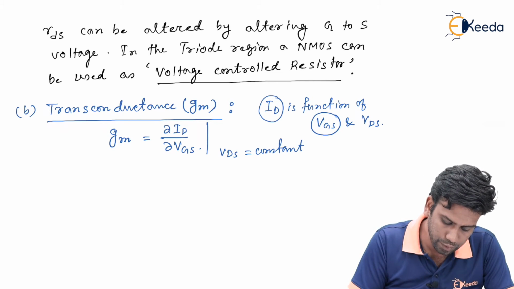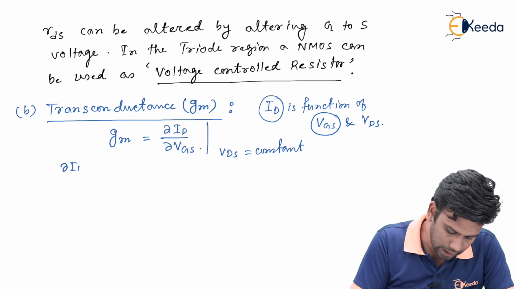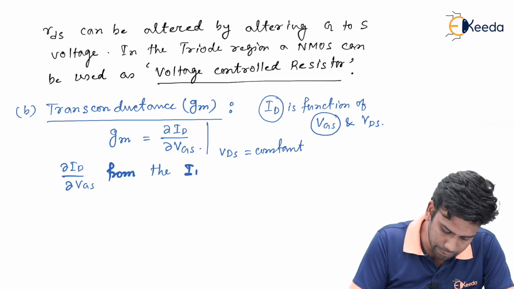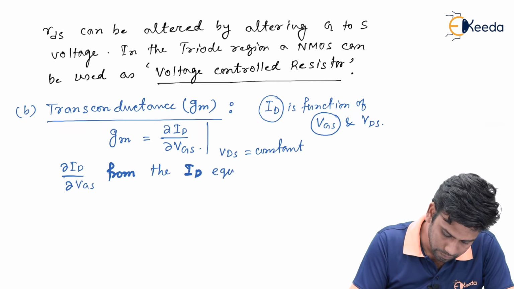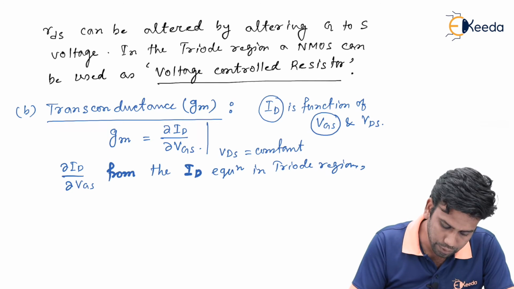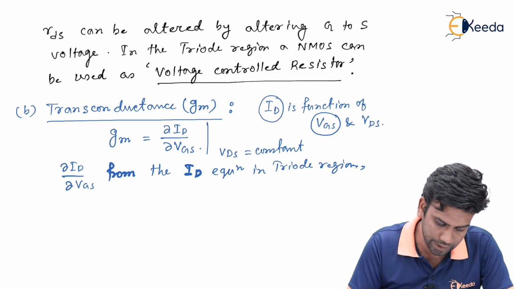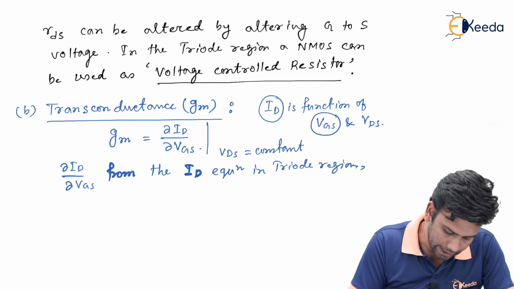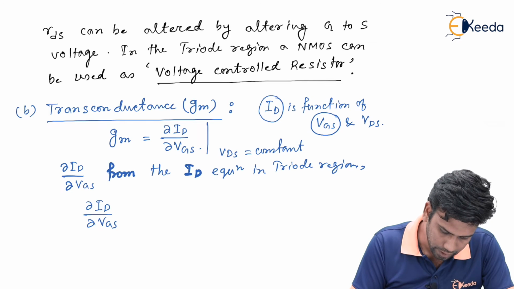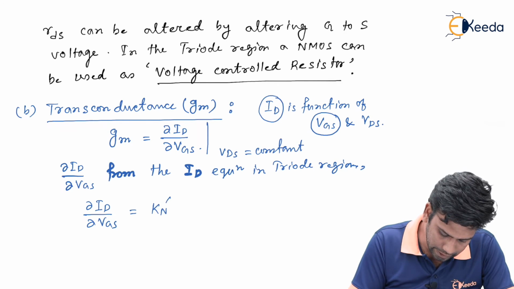And if I find the ID by del VGS from the ID equation in the triode region, because we know the equation of ID in the triode region, then del ID by del VGS will come as Kn dash into VDS.